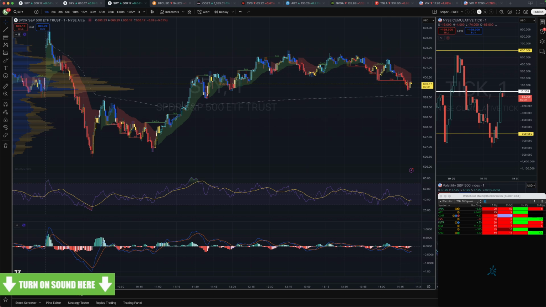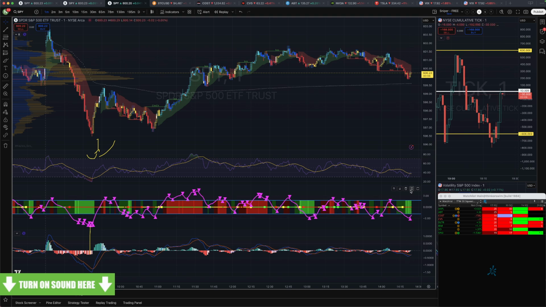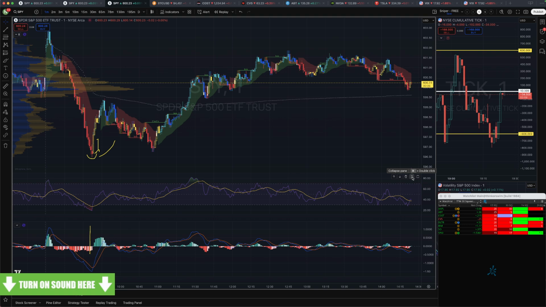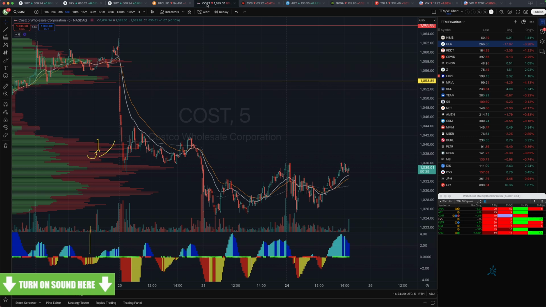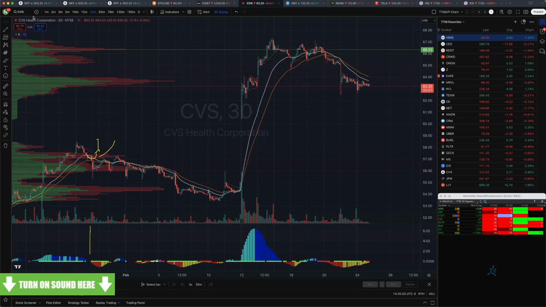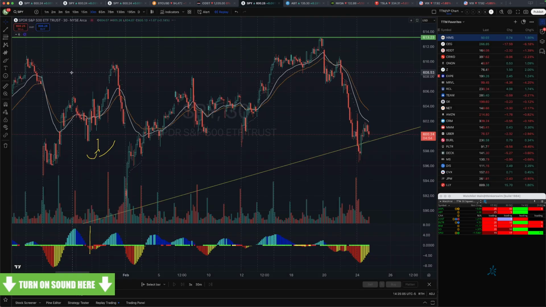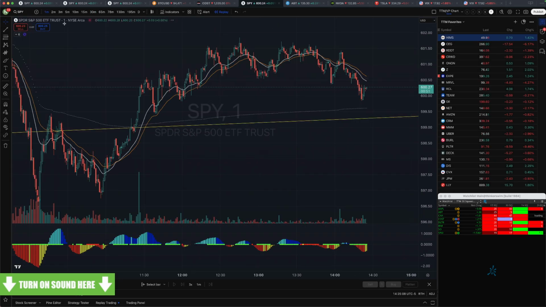So if I also put the TTM squeeze on here, this would still be red. The squeeze indicator down here would still be red. As it rounded, this would give us an early yellow candle, and then we'd start to see a yellow histogram. But I don't think I have that on this chart. We could easily recreate it by going, let's go SPY, let's get rid of some drawings, let's go to the 1 minute.